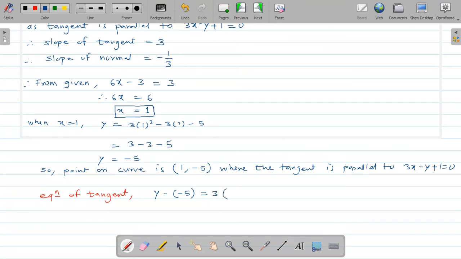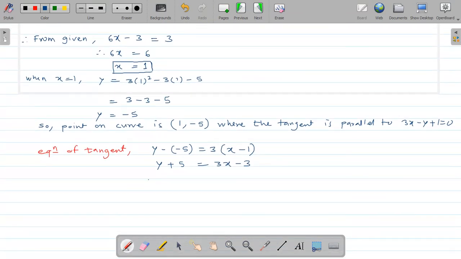So 3 into x minus x1. Now modify this. We get y plus 5 is equal to 3x minus 3. And hence we get 3x minus y minus 8 is equal to 0. So this is the equation of tangent at this point.